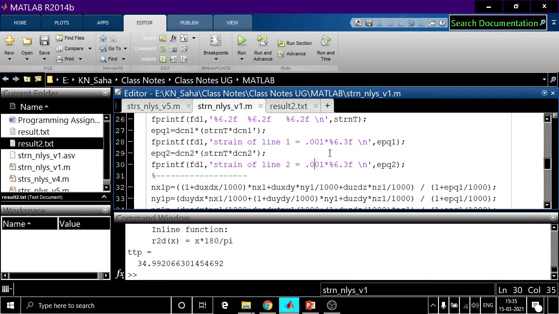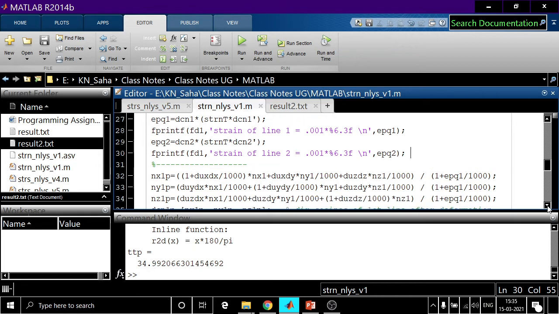So you see, what we require is to change this strain tensor calculation part, that will get changed, but these values are the calculation for nx1 prime, ny1 prime and nz1 prime.